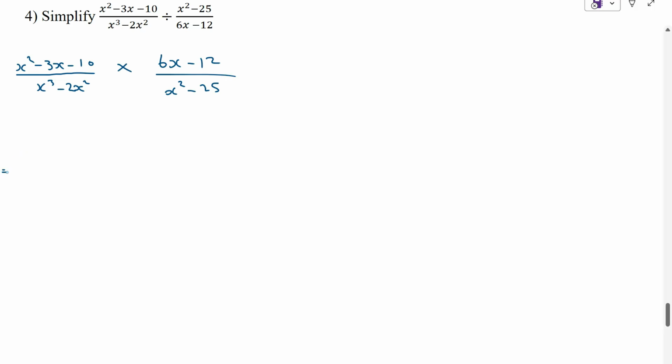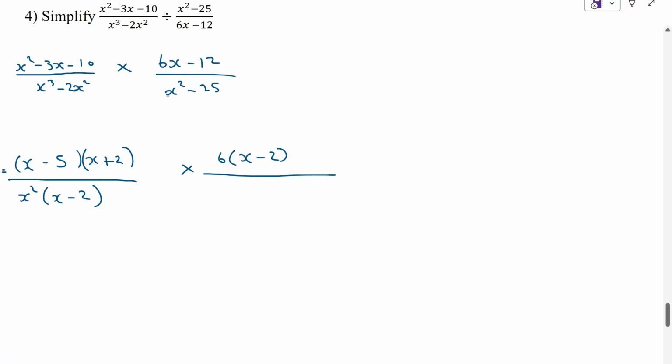So starting here, you can see that will be double brackets, minus 5 plus 2, all over, we can take x squared out, be x minus 2, multiplied by 6 is a common factor, so 6 brackets x minus 2. And this is the difference of two squares. You should have picked that up. So this will be x plus 5, x minus 5.